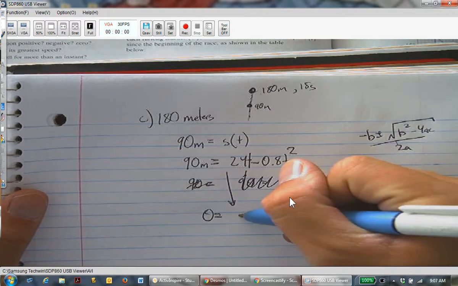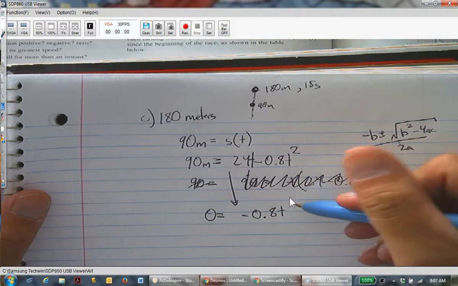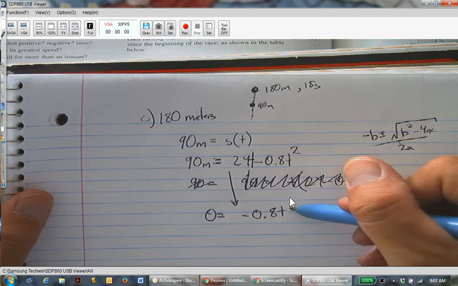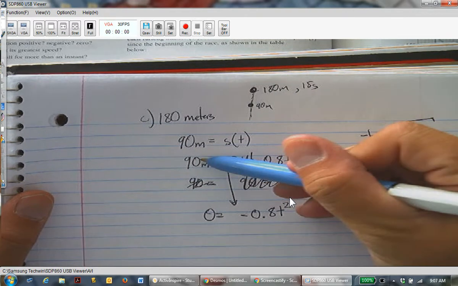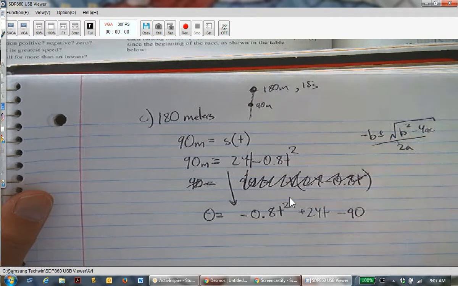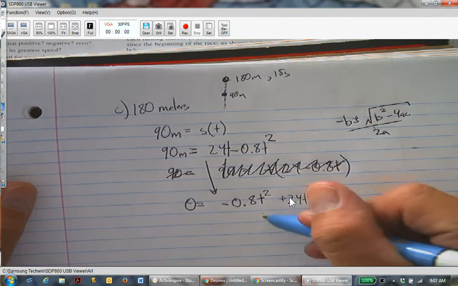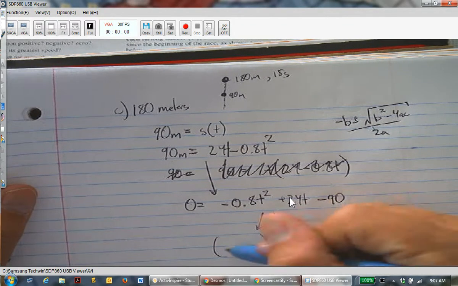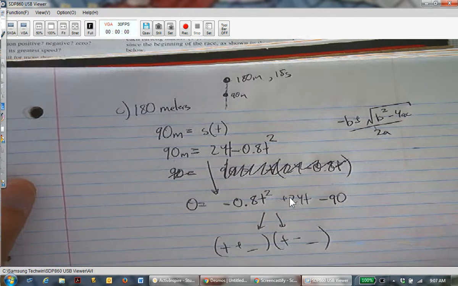So if we rewrite it in the standard order that we see most polynomials written, it'd be negative 0.8t squared plus 24t, and then we move the 90 to this side of the equation. That requires us to subtract it. It'd be minus 90. Then you just solve that. You try to figure out two binomials, t plus something or t minus something, but we know it's not that easy.